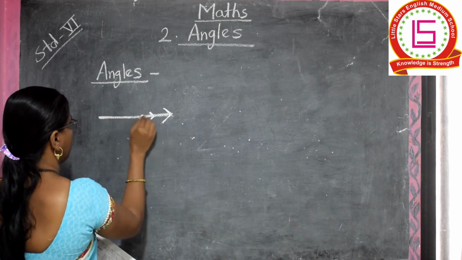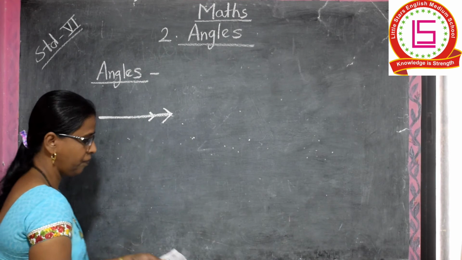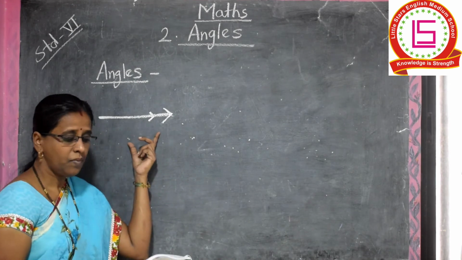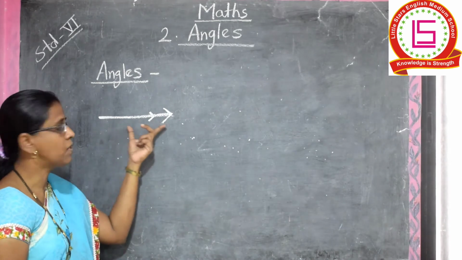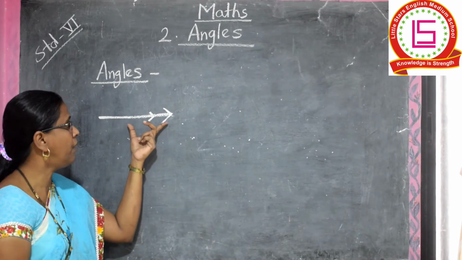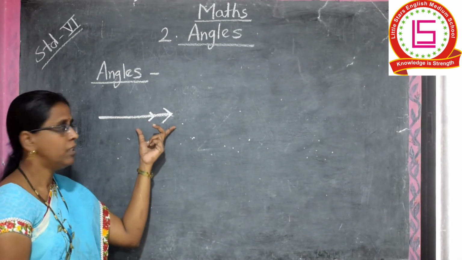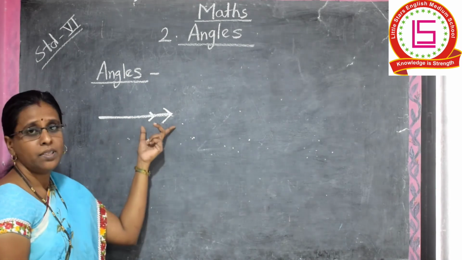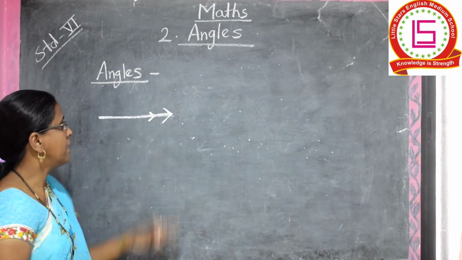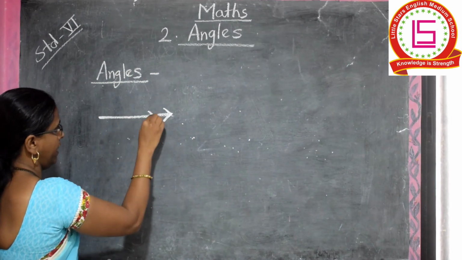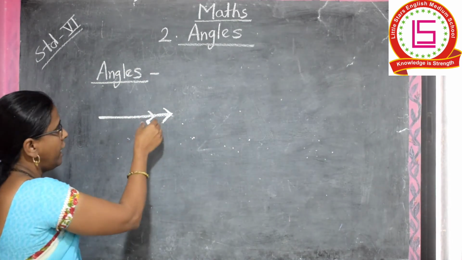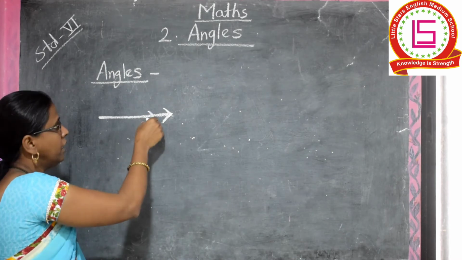Here, two arms of the angle lie one upon the other. See here, this is the first arm and this is the second arm. The first arm and second arm lie on each other.